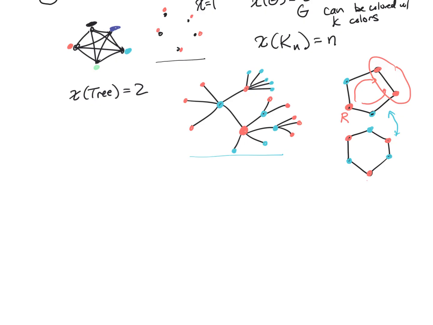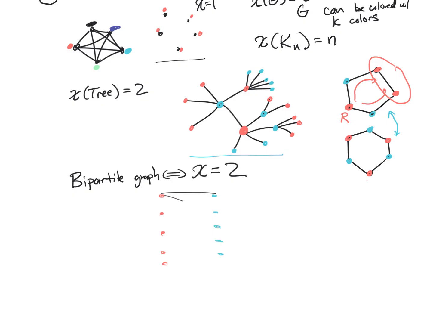In general, a bipartite graph is just another way of saying that the chromatic number is 2. What this means is that your graph looks like a bunch of red vertices which aren't connected, and a bunch of blue vertices which aren't connected.